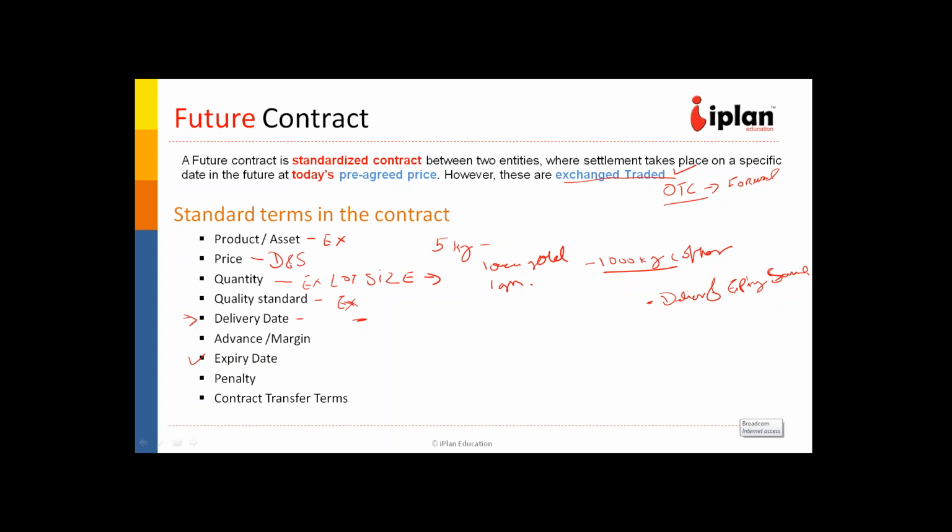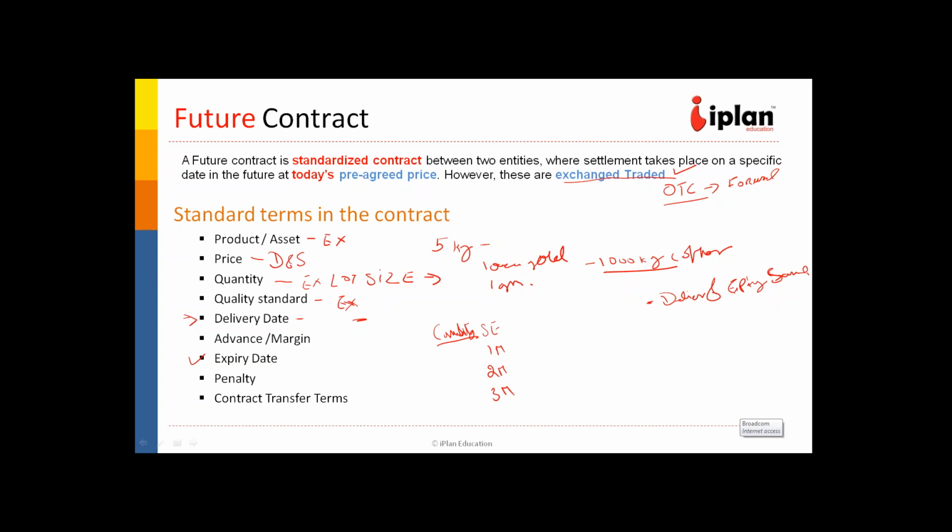So what happens is that normally on stock exchanges in India, we have 1 month contract, 2 month contract, and 3 month contract. And in commodity exchange, we have, let's say, 1 month to, let's say, 6 months, or maybe 1 year.